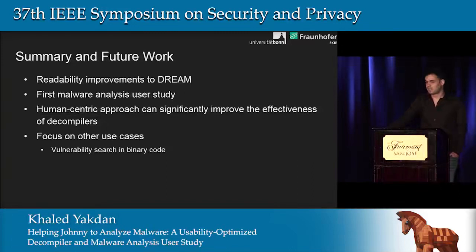So in order to soundly decompile a piece of code, you typically have to do an analysis, and your analysis, in order to be sound, sometimes needs to make a guess about what the code is like. So it leads to imprecision. You might have more targets in the decompiled program than you would normally. So if you're trying to make the code look more readable, how do you take imprecision into account?